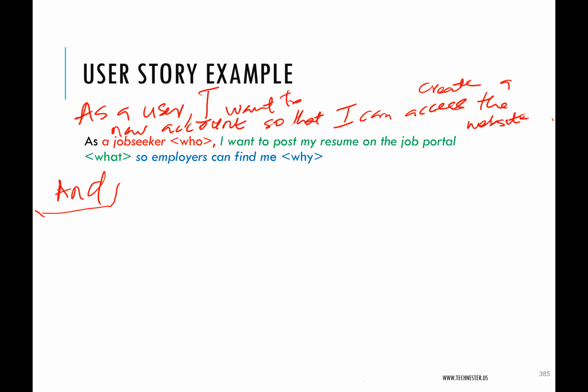So given that the user has paid this amount and the user has done this, you can use and to join any part of your given, any part of your when, or any part of your then. So for when, it may be when the user does this and this, in case there are two things you want the user to do first.